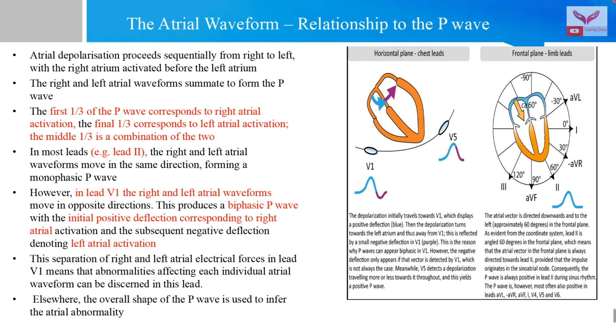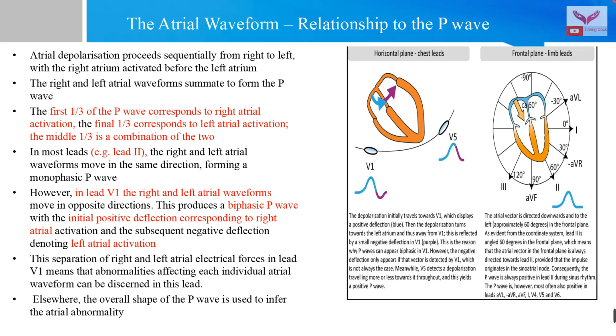In most leads, for example in lead 2, the right and left atrial waveforms move in the same direction. They form a monophasic P wave. However, in lead V1, the right and left atrial waveforms move in opposite directions, and this produces a biphasic P wave with initial positive deflection, which corresponds to the right atrial activation, and the subsequent negative deflection, which denotes the left atrial activation.